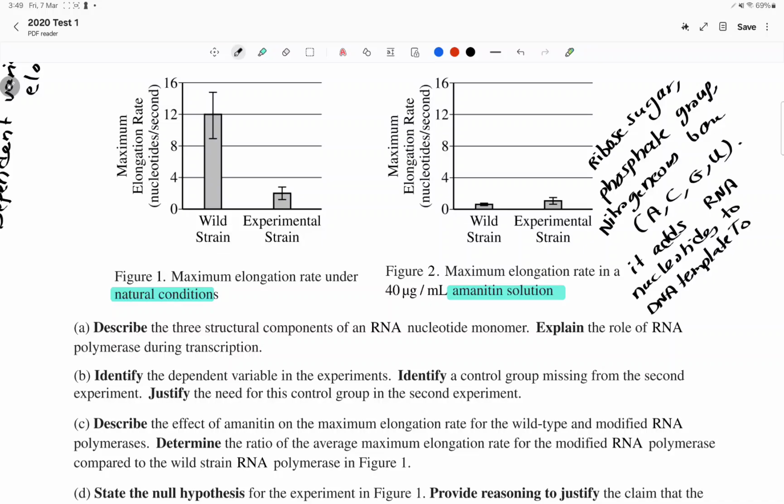And what about the promoter region? How it binds to it? Starting the transcription is not the job of it. You could say that, but that's not the job. Its job is to make a complementary mRNA sequence. Good? That's how you answer part A.